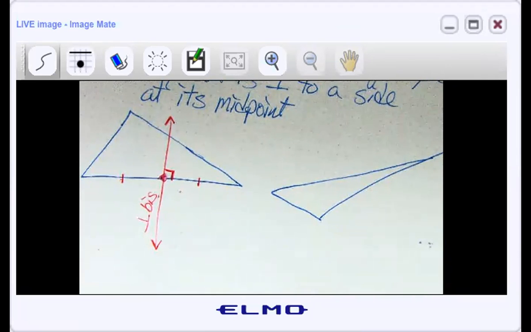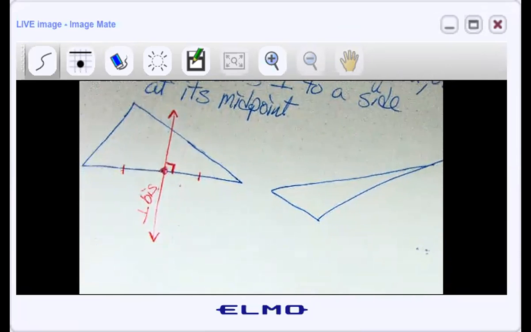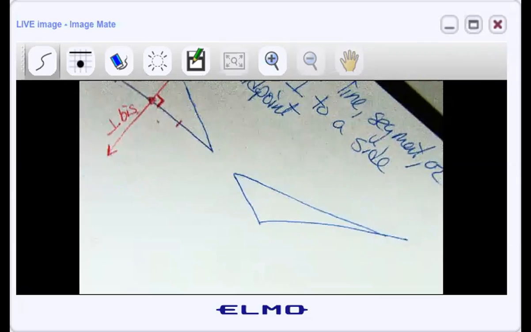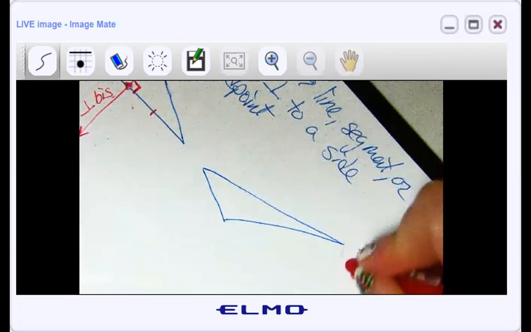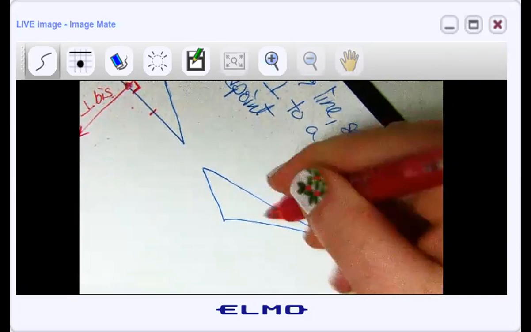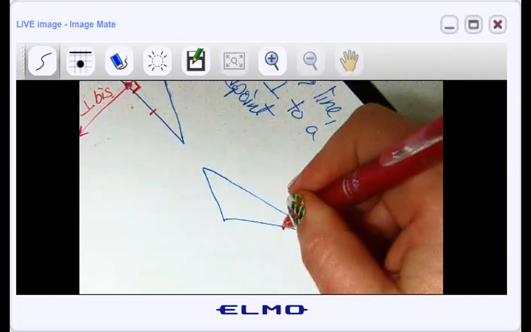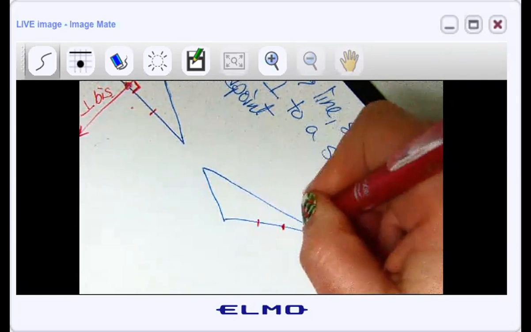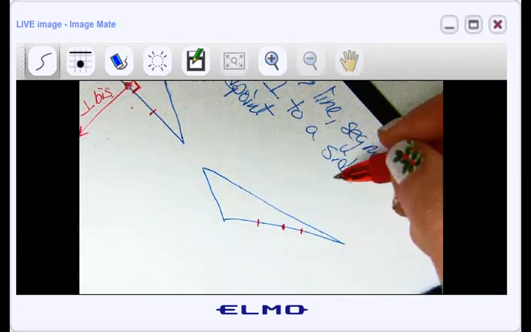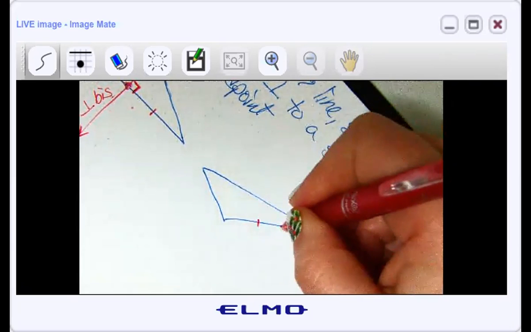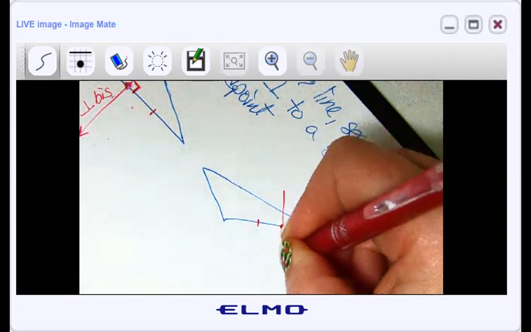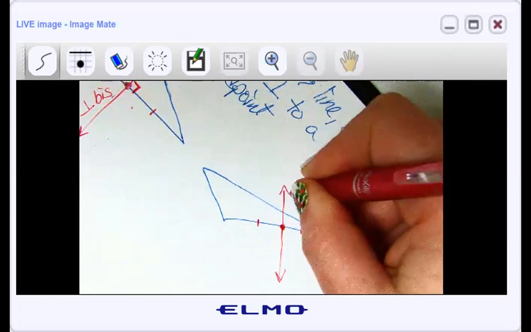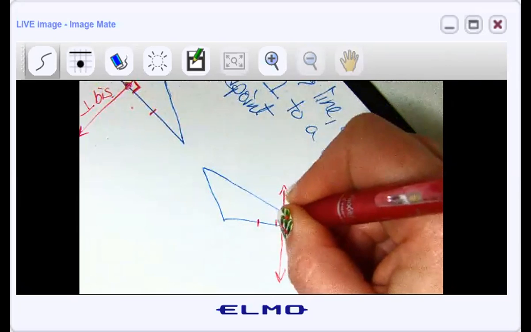If I wanted to draw in the perpendicular bisector, let's say of this side here, sometimes it's easier to turn your paper. So I'm going to first eyeball about where the midpoint is. About there. I'm going to mark these two sides congruent. And then my perpendicular bisector would have to pass through this midpoint at a 90-degree angle. There we go. And I have to mark it as 90.